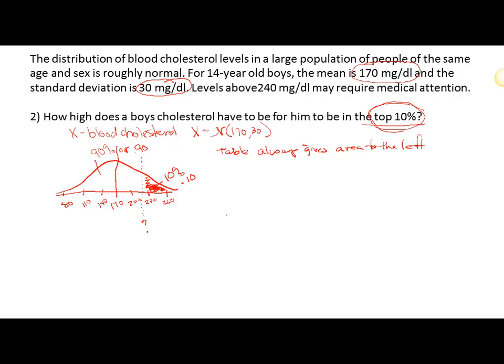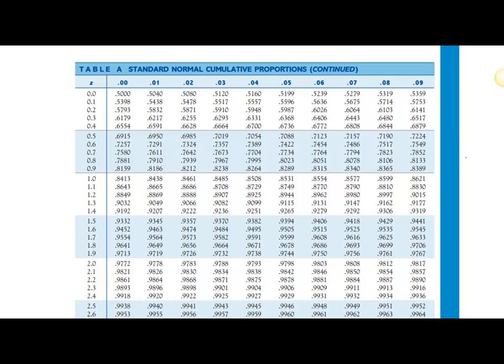So when I look in table A, I'm going to be looking for the percentile closest to 90%, because if you're in the 90th percentile, then you are in the top 10%. So we're going to look in table A for a percentile close to 0.90 or 90%. Here's my table A, and I'm looking in the middle section of the table, where all the percentiles are, for the closest one I can find to 90%.